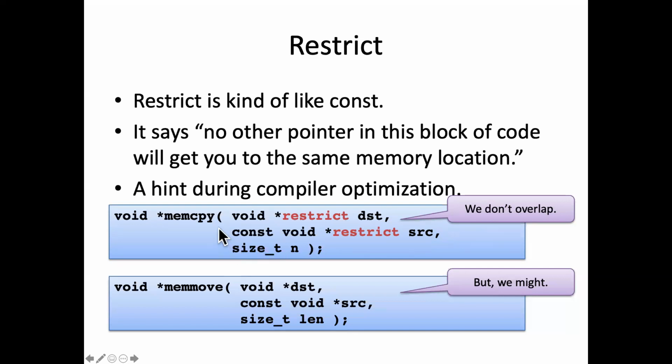But you'll remember the difference between these two functions is memcopy is only guaranteed to work if the source and destination don't overlap. Memmove is smart enough that it works even if the source and destination regions might overlap.